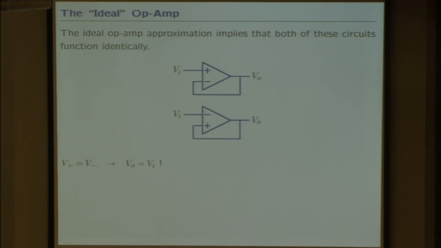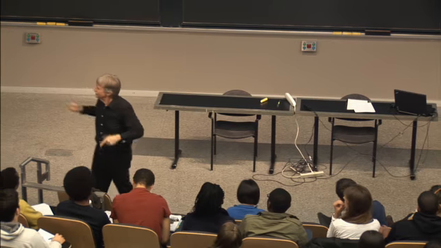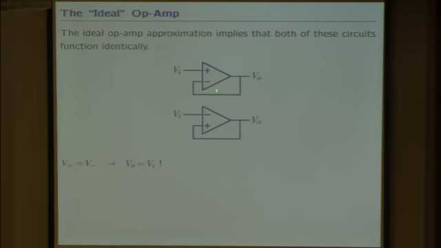If I literally believe the ideal op-amp assumption, that all the op-amp does is magically make the plus and minus terminals the same, I would conclude that this circuit, where the input comes in the plus and the output wraps around to the minus, generates precisely the same input-output relationship as this one, where the input comes in the minus and the output wraps around the plus.